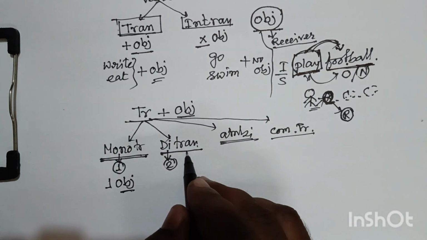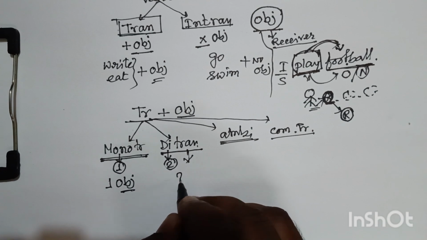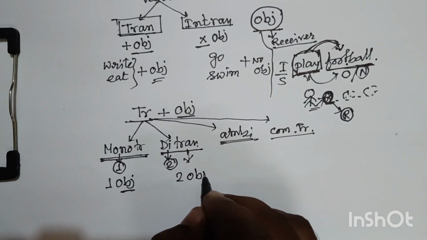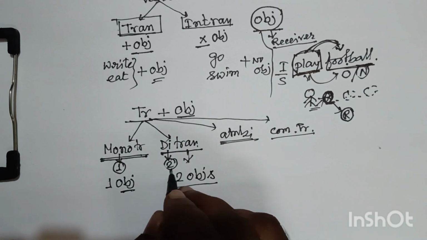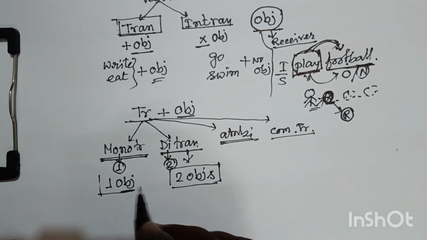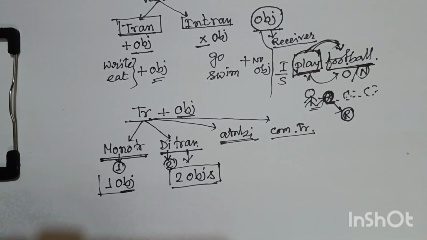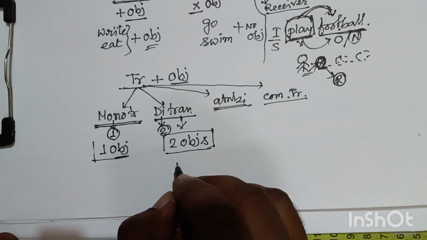If the verb is ditransitive, we have to provide two objects. I think this concept is clear to you. I am going to give you one example for ditransitive: he gave me a pen.